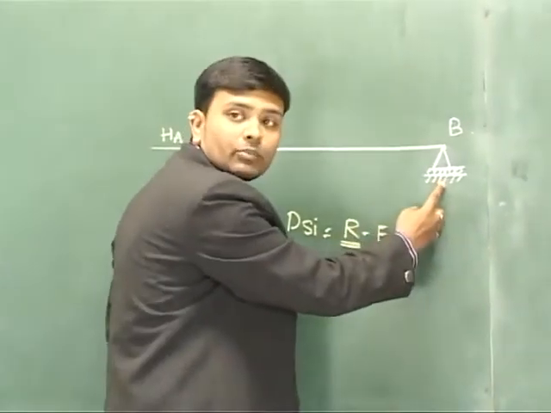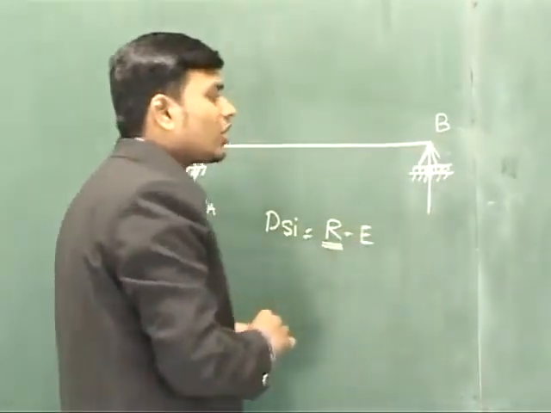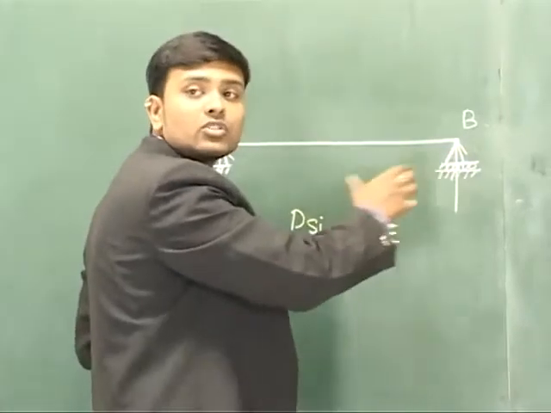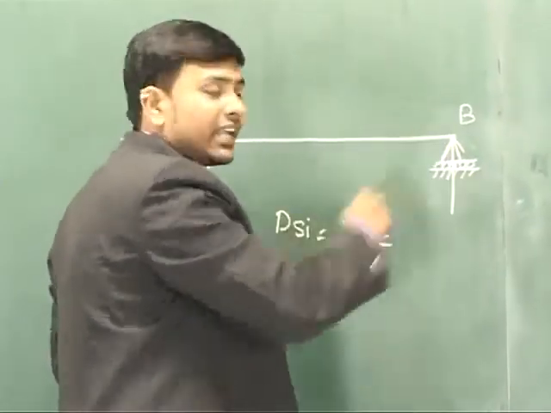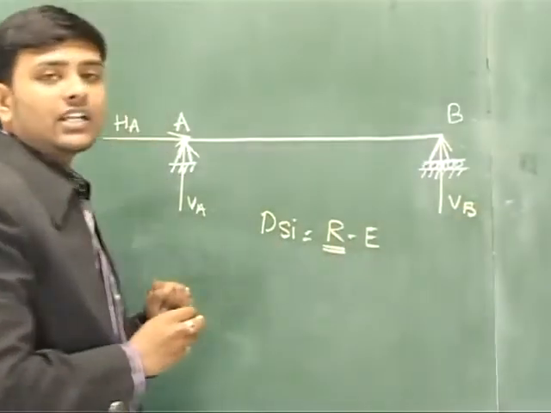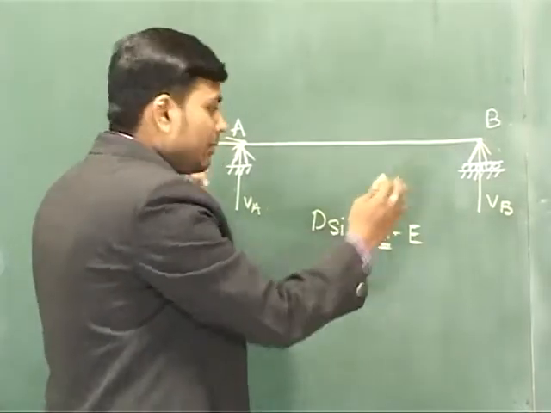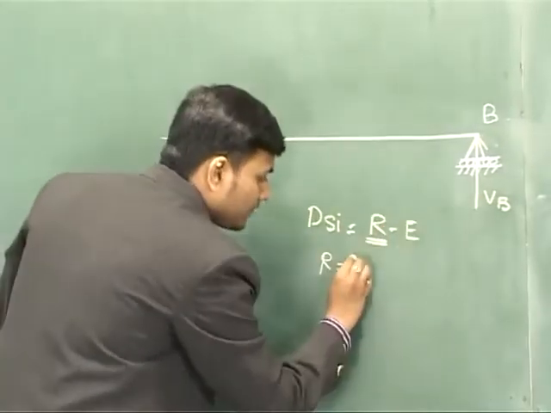Whereas the roller support, it is having only one constraint. It cannot move in vertical direction. It can move in horizontal direction since it is having a roller. Therefore, it is having a constraint in Y direction. So it will give you one reaction in vertical direction. Therefore, number of reaction for this particular beam AB will be R is equal to 1, 2 and 3.